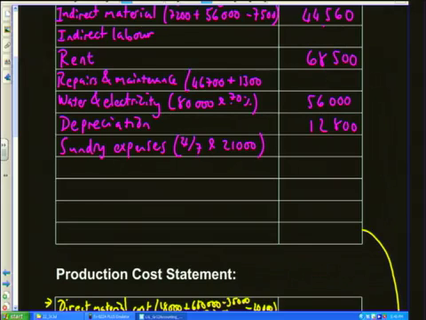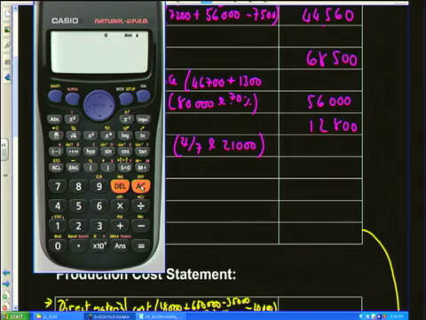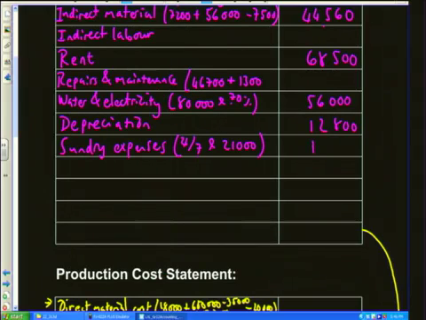And let's do the calculation on the calculator. 4 over 7 times by 21,000 Rand. And the answer comes to 12,000 Rand. And that is the figure that we're going to include in our sundry factory expenses.